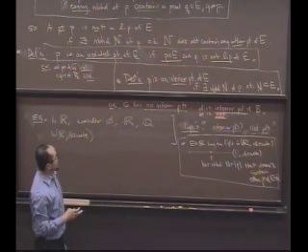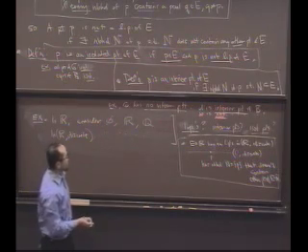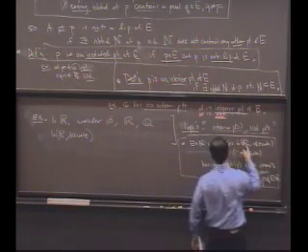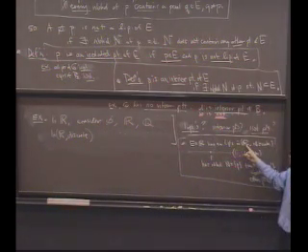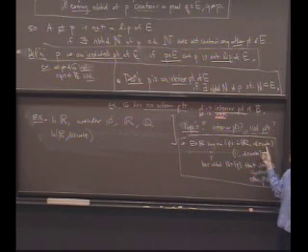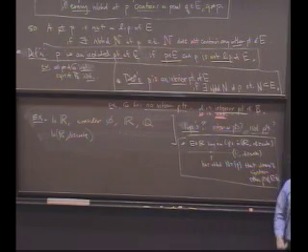Does R as a subset of itself have any interior points if the metric is discrete? Yes. Now I see at least one person shaking their head no, and one shaking their head yes. So let's have a debate here.